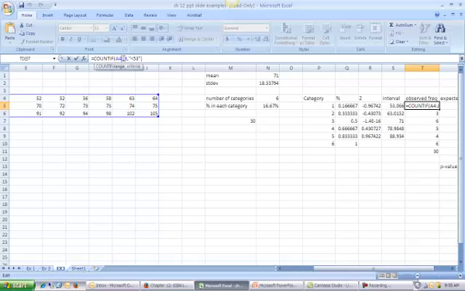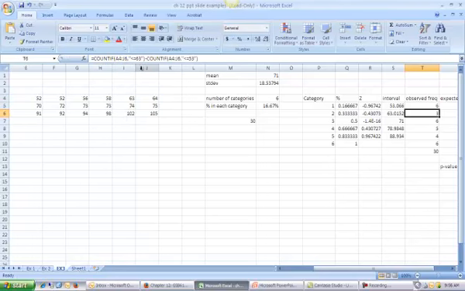Now, I was having some difficulty getting Excel to read my numbers in here. Normally, you can just click on the interval value instead of typing it in, but for some reason, Excel wasn't reading that number. So I actually just typed in that value, 53. Okay. So my bottom 16.67% is 0 to 53. So for my first interval, I count the number of observations between 0 and 53, and I come up with 6.